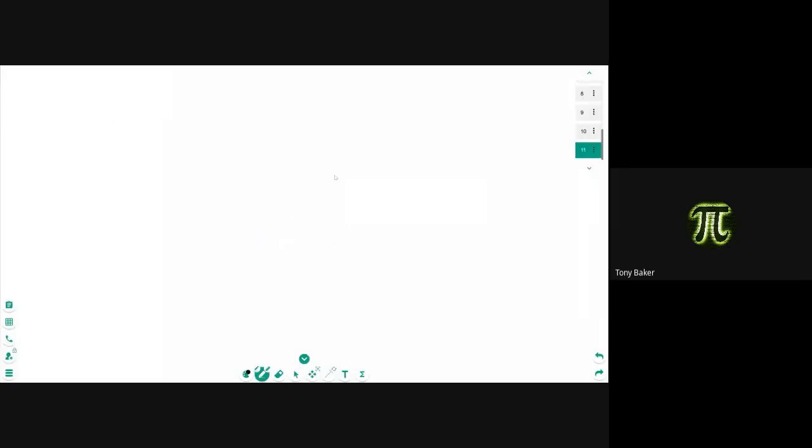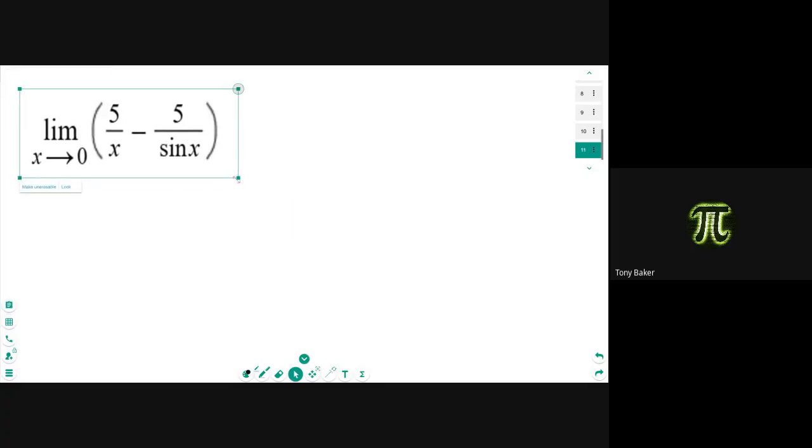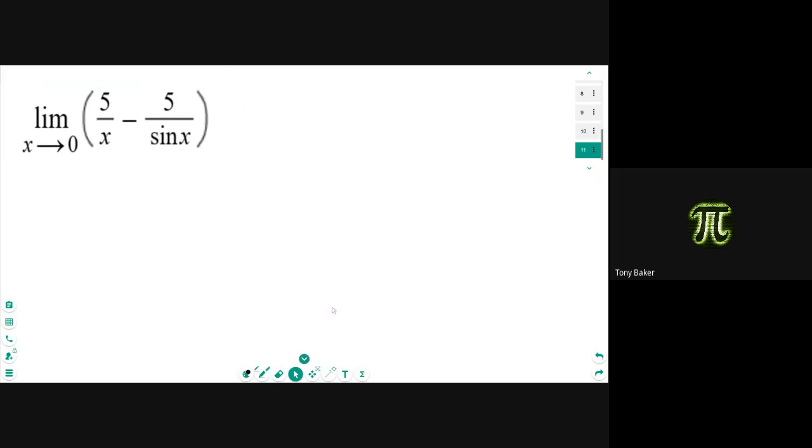So we look at one like this. We have a subtraction problem. Whenever you have a subtraction problem, if we plug in a 0 to this, we still get infinity minus infinity.